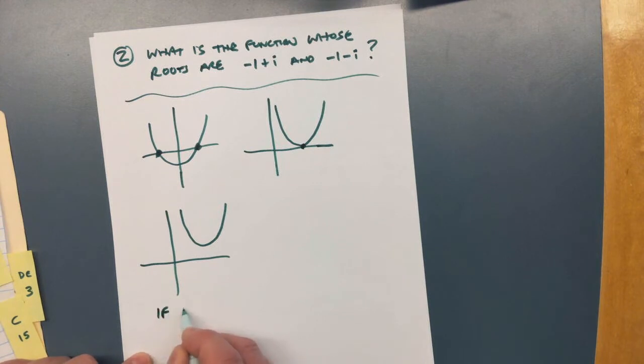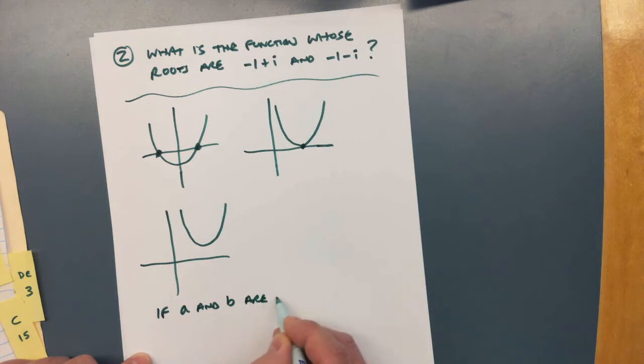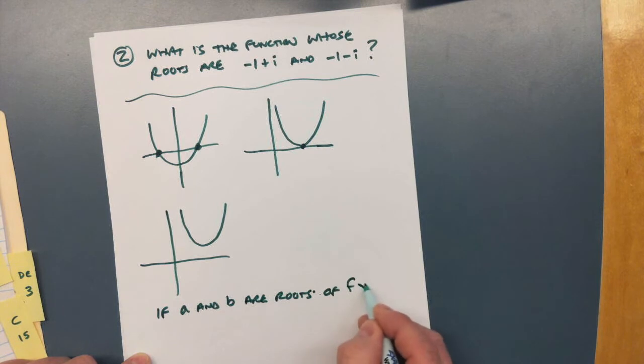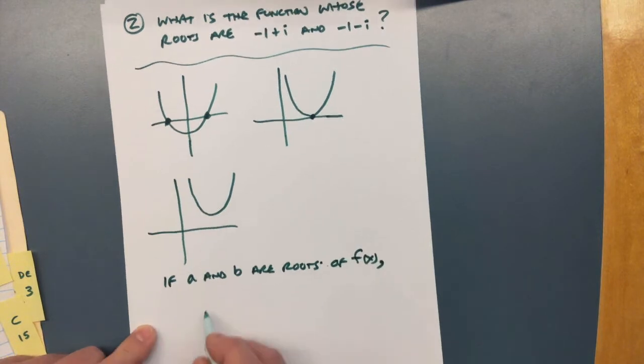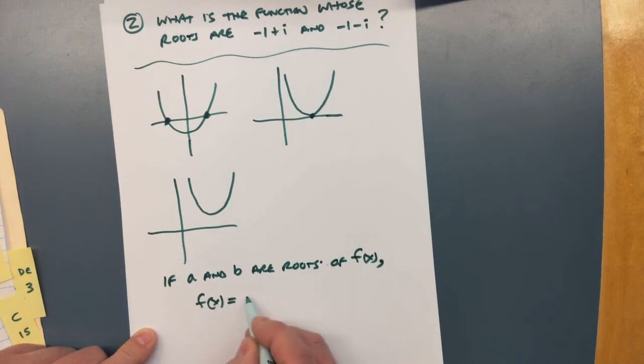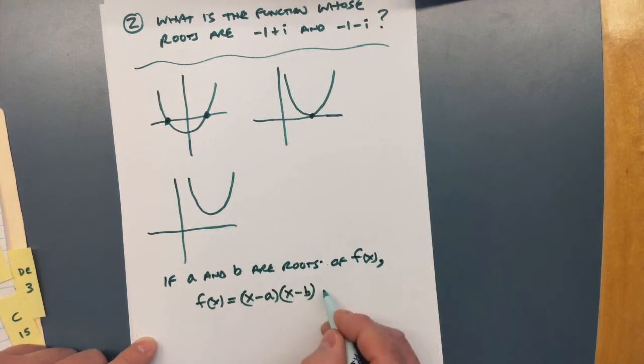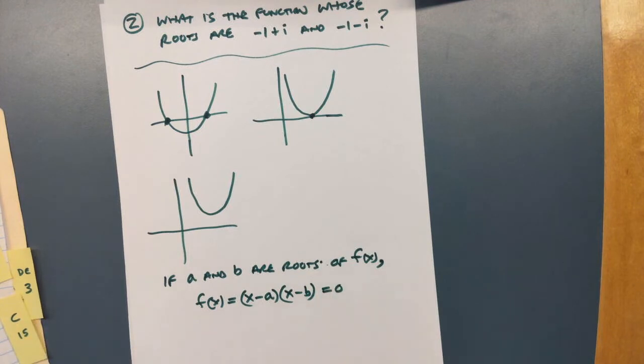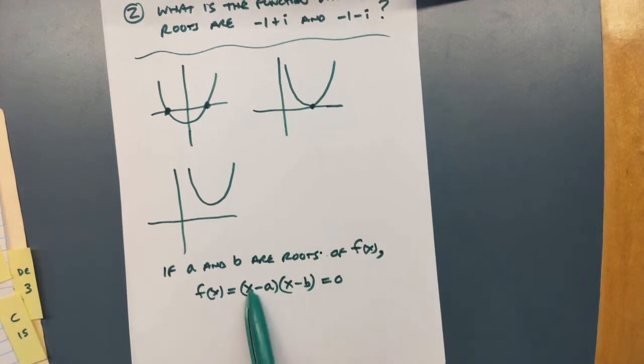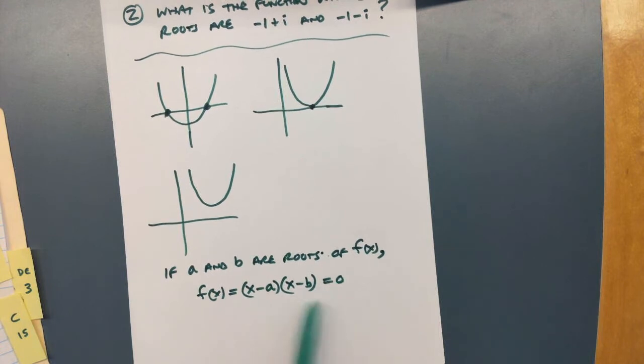And in general, if a and b are roots of a function f of x, then you can write f of x as x minus a times x minus b and set it equal to 0. Since when x is a, this will be 0, and when x is b, this will be 0. So we can write the function as that product of x minus a and x minus b.